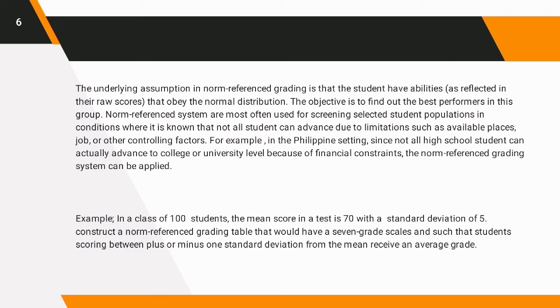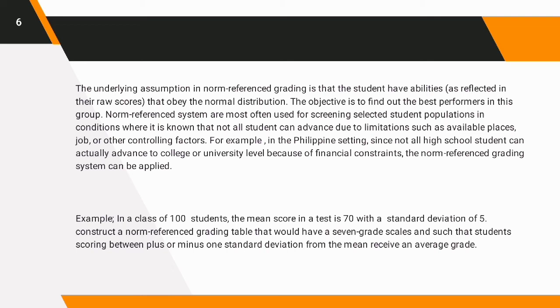For example, in the Philippine setting, since not all high school students can actually advance to college or university level because of financial constraints, the norm-referenced grading system can be applied.